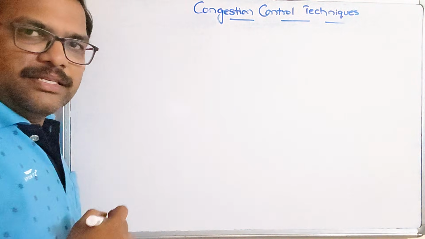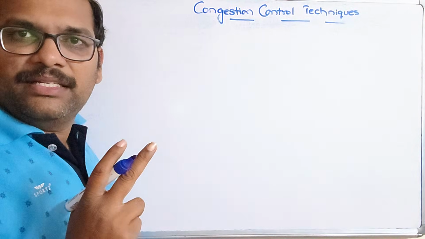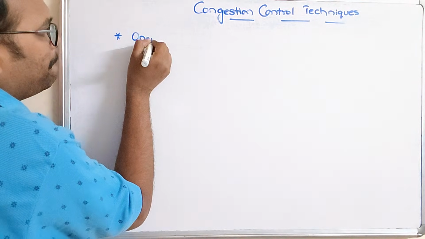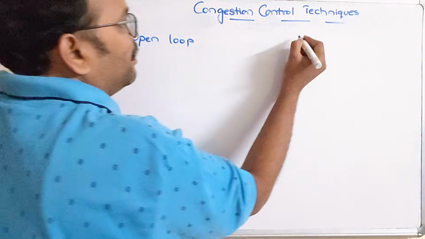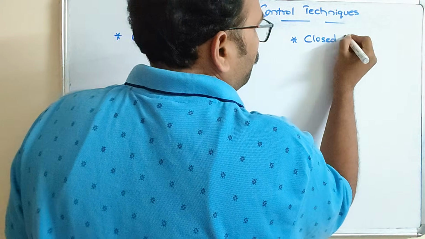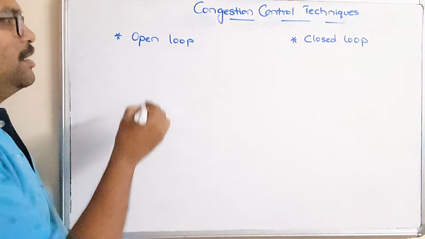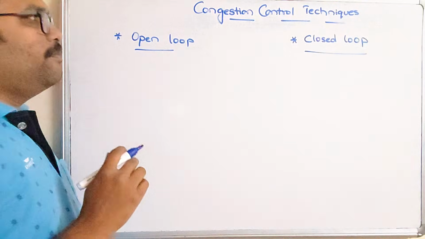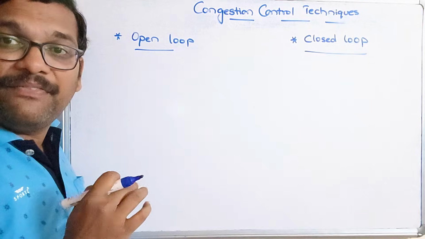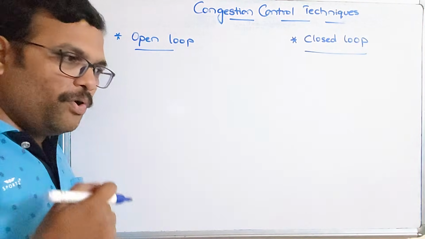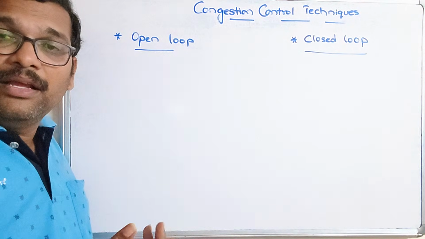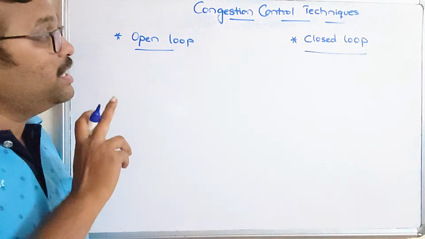So congestion control techniques, there are mainly two techniques that control the congestion. One is the open loop technique, and another one is the closed loop technique. The difference between open loop and closed loop is that open loop is prevention based. That means before designing the network, whatever precautions we are taking in order to control this congestion is called an open loop.